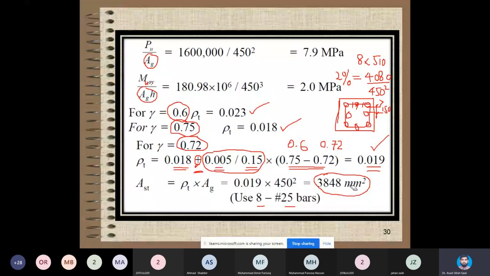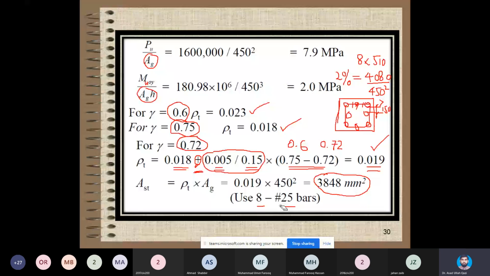So this detailed sketch is important. I already mentioned in the class that although these calculations are important, if you can't sketch your column properly, then it means you are not a good designer, because at site your sketch will be implemented rather than your calculations. So without sketching appropriately, you can't become a good designer.